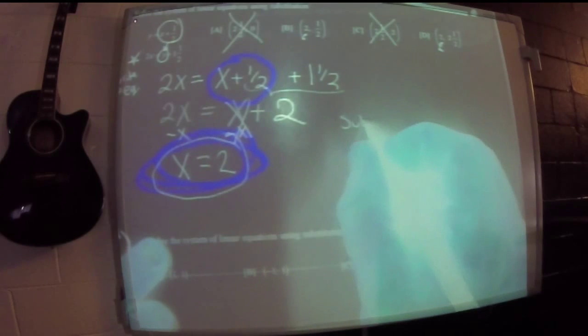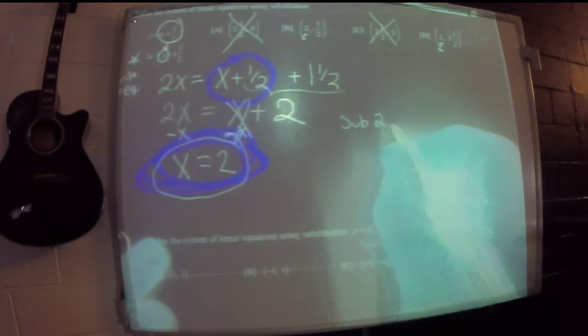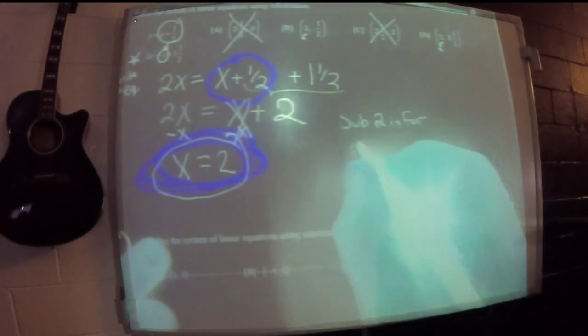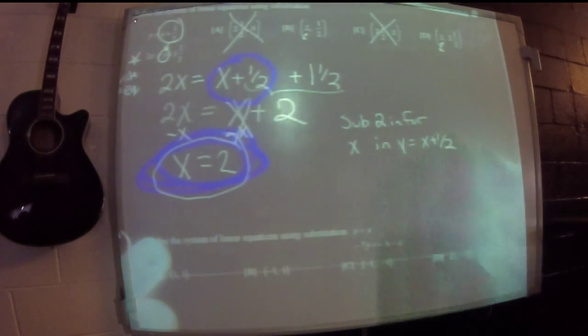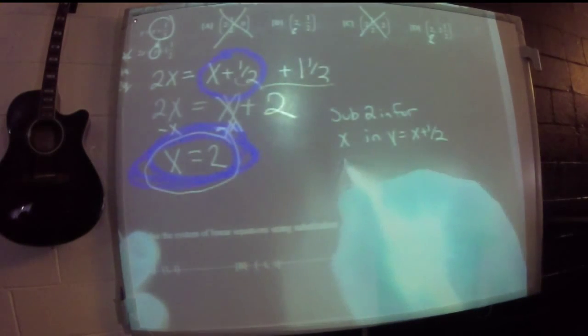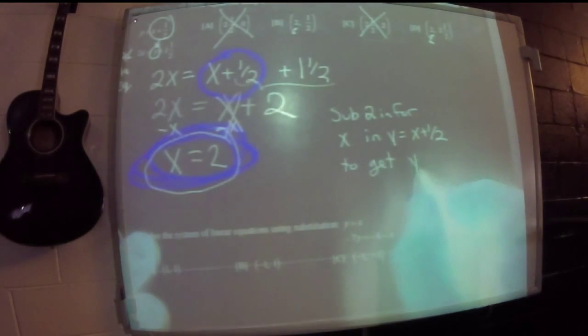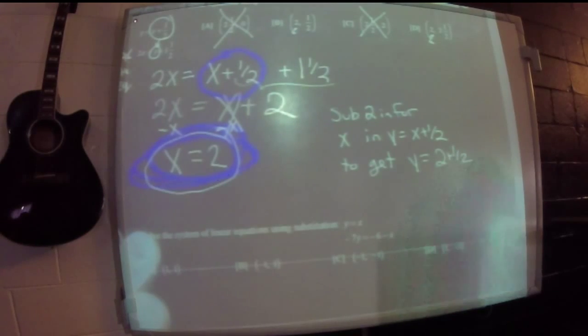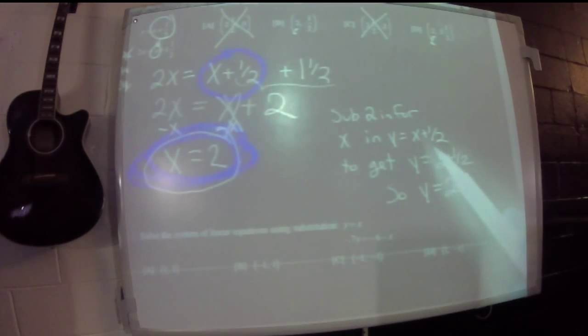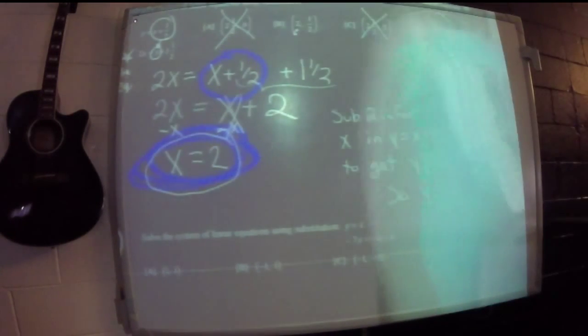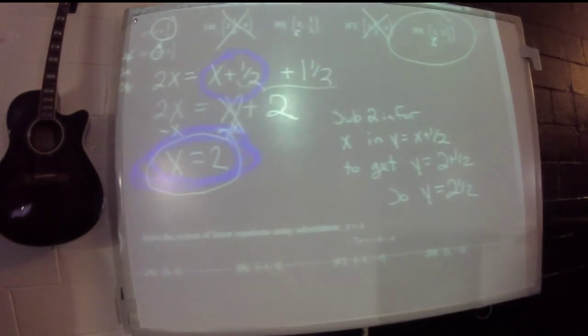Sub 2 in for x in that first equation, y equals x plus 1/2, to get y equals 2 plus 1/2, so y equals 2.5. So your answer is D.